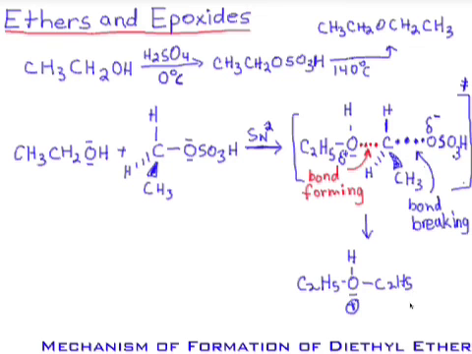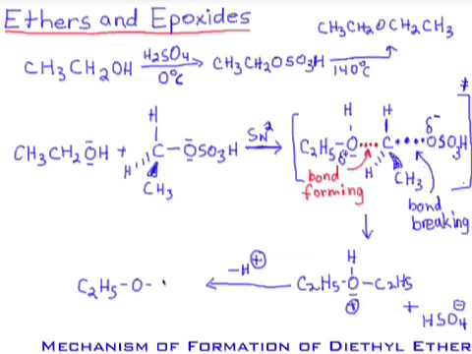The leaving group was HSO4 minus. Now the HSO4 minus, or the ethanol, comes in and grabs the H plus. So ethanol acts as base, grabs H plus, and we have diethyl ether.